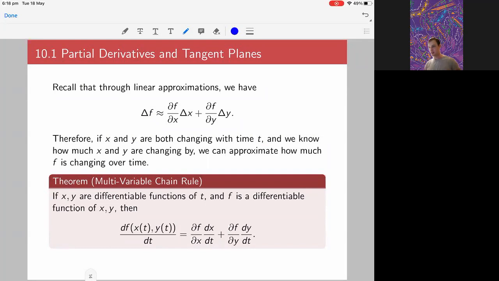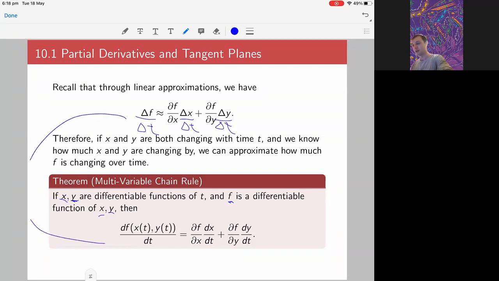Now, this does get a bit complicated, so I'm happy to spend a bit of time thinking about this. If x and y are functions of time, and f is a function of x and y, and I want to know how quickly f is changing with respect to time, I can do that with the multivariable chain rule. The way I do that is, roughly speaking, just by dividing through by delta t and taking limits.